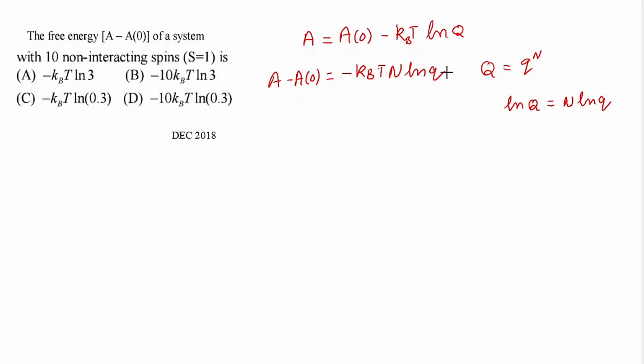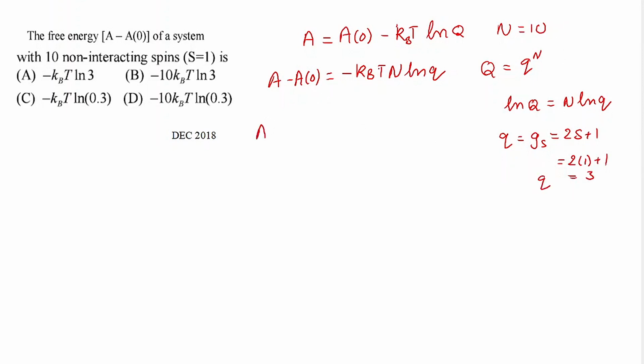Okay, so now we have to find the value of q. N is given, that is there are total 10 non-interacting particles, and when spin is given, then q will be equal to the degeneracy, and that is 2S plus 1. So S over here is 1, so we'll have 2 into 1 plus 1, and that will be equal to 3. So q is equal to 3, N is equal to 10.